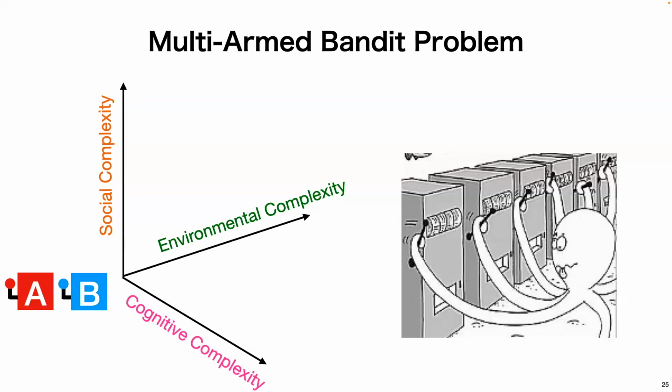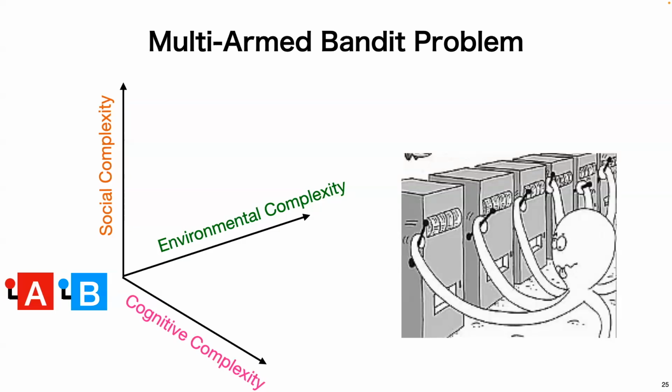But as you said, both environmental and social complexity could require different levels of cognitive complexity. So in this sense, I think complicated tasks usually require more complicated computation in general.